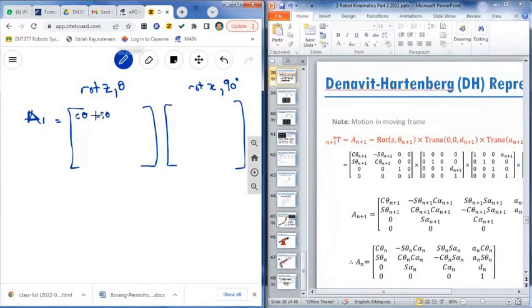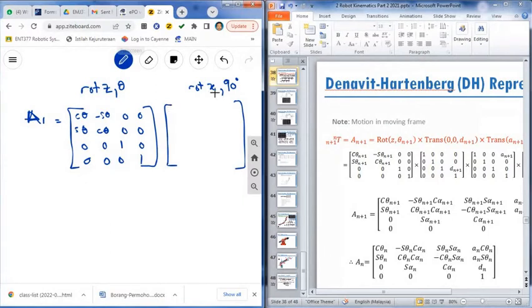If you write everything, it's too crowded. Sin theta, and this is cos theta, cos theta. And this is 0, 0, 0, 0, 1, 0, 0, 0, 0, 1.